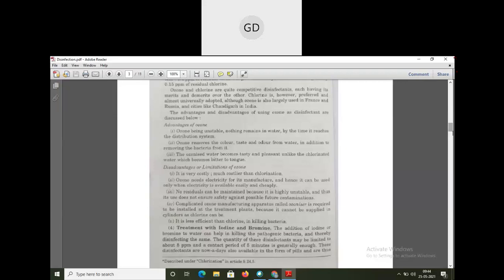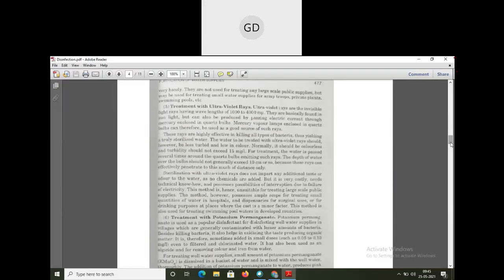The quantity of bromine or iodine you have to use is 8 milligram per liter, and 5 minutes of contact is sufficient to kill the bacteria present in the water.